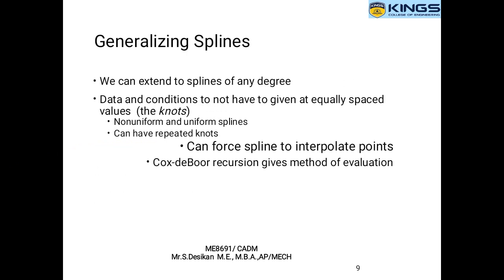That means when 5 points are there and we have to interpolate, the recursion gives the method of evaluation. Recursion means interpolation or optimization of the relevant point in reference with the B-spline.